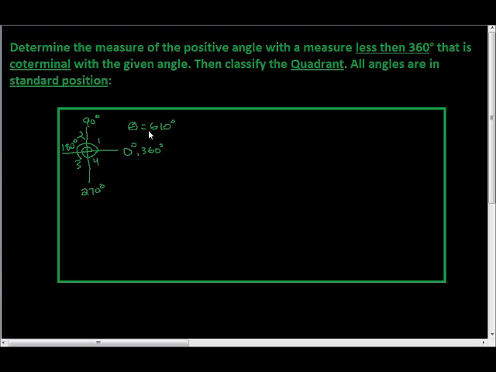And so it's pretty simple if you think about it. In order to get back, he's at 610, and we can just subtract 360 from the 610, and we get 250 degrees. So that's the coterminal angle when the angle you're given is 610.